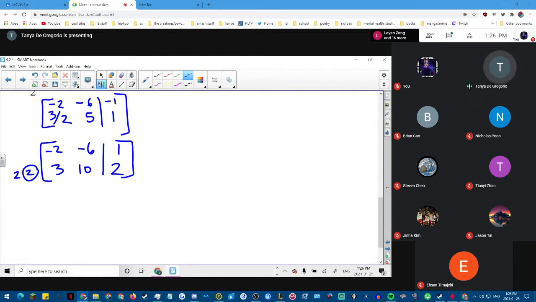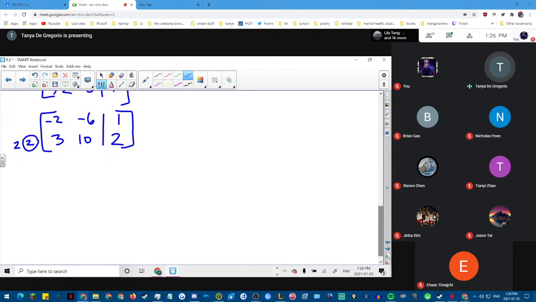Okay, so now I told you to work column by column. If I'm working column by column, what should be the next thing that I do? What's my goal? What do I want to get next? We look at the first column. I've got a -2 and a 3. We're going to try to make this a 1.